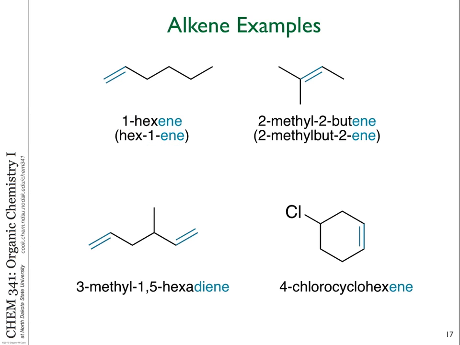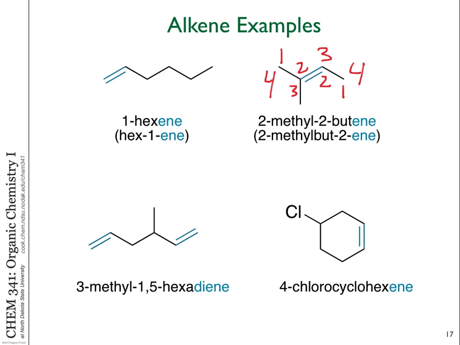The second example: the longest chain containing the alkene is a 4-carbon chain. We can number it in this direction, which is what the correct name is, 2-methyl-2-butene. Notice if I were to number it from the other direction, the double bond would still start at 2.